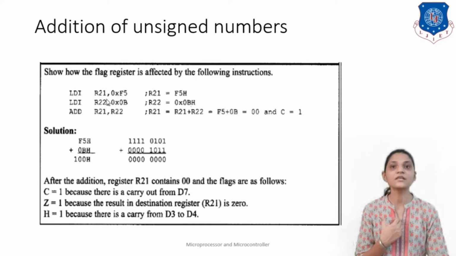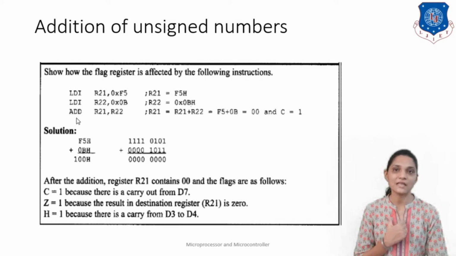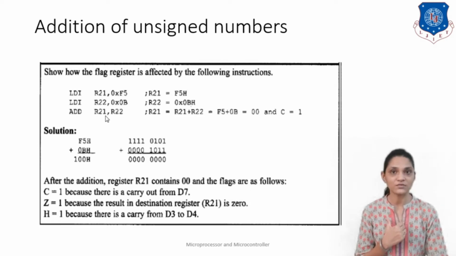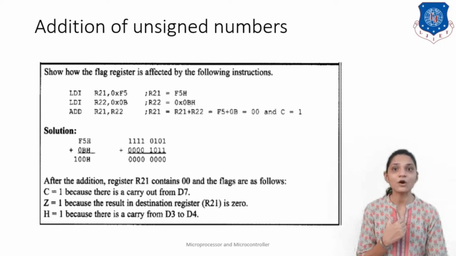This F5 will be stored inside register R21, and in the second instruction LDI R22, 0x0B, the 0B data is going to be stored inside register R22. After this loading we will use the instruction ADD R21, R22. This instruction will add the content of registers R21 and R22, and the result is going to be stored inside register R21.